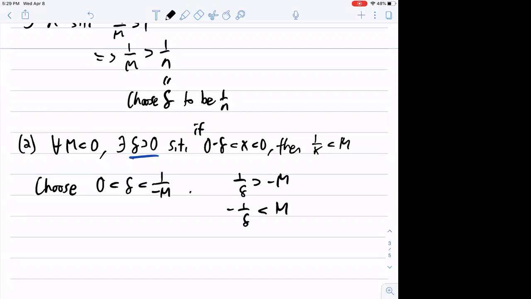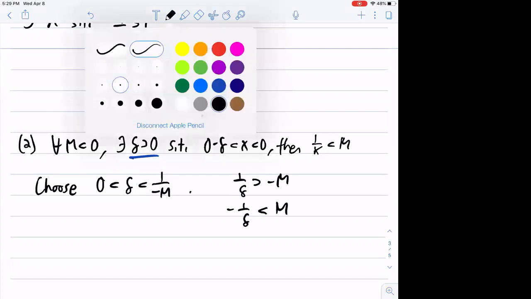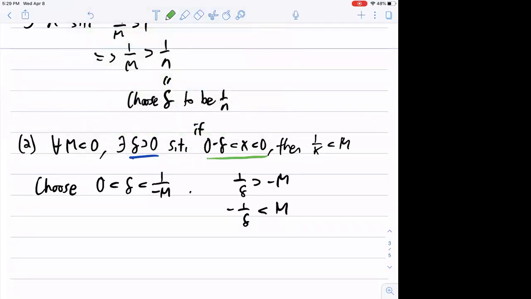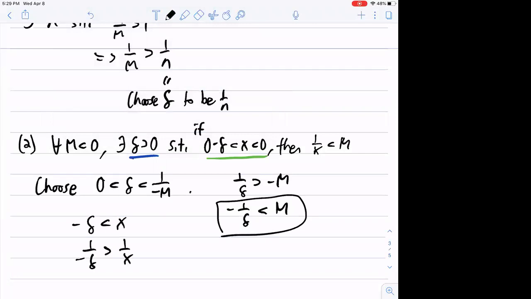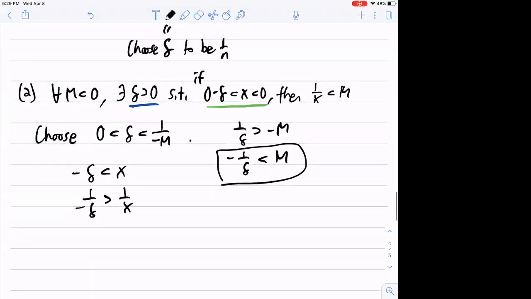Now from the green underline, let me box this, we have that negative delta is less than x. So 1 over negative delta is bigger than 1 over x. And then you're done, right? Because from the two boxes, 1 over x is less than 1 over negative delta, which is less than m, right?